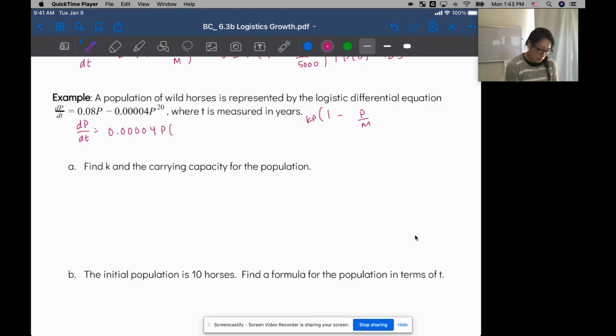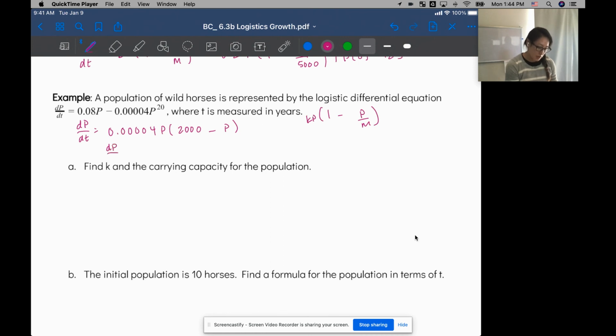So I get, when I divide 0.08 by 0.00004, I get 2,000 minus P. So we're getting close. We just need a 1 with the 2,000. So I'm also going to GCF out a 2,000.